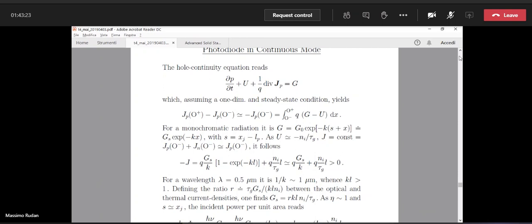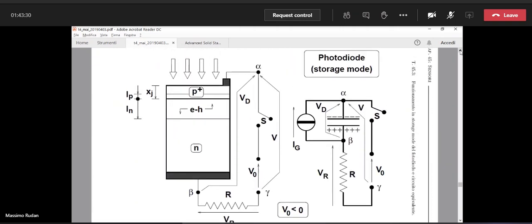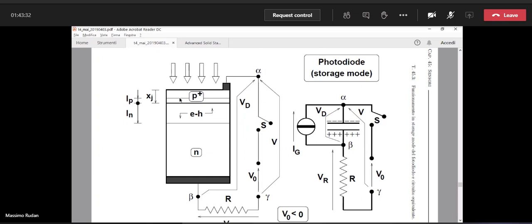You remember that the edges of the space charge region, the thin line here and the other thin line below, okay, in the theory of the p-n junction, they are called O minus, the one on top, and O plus, the one at the bottom, and the x-axis is oriented top down, okay?